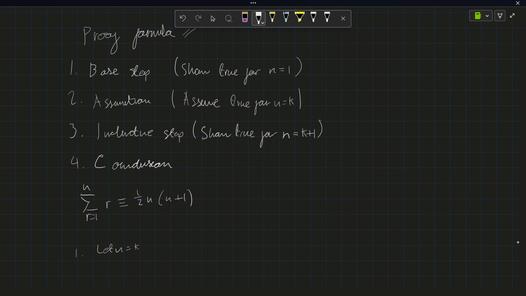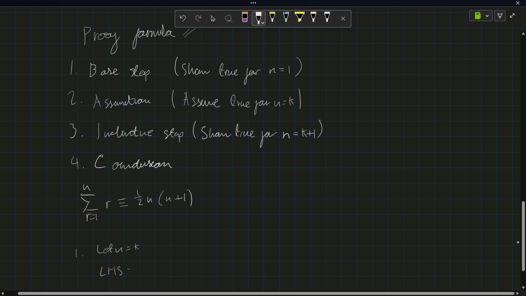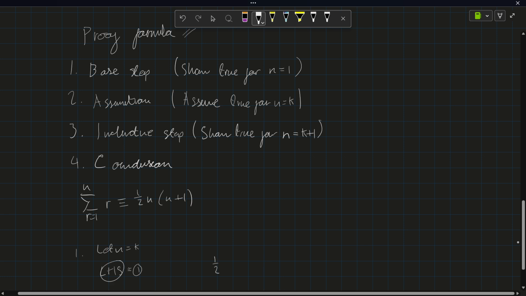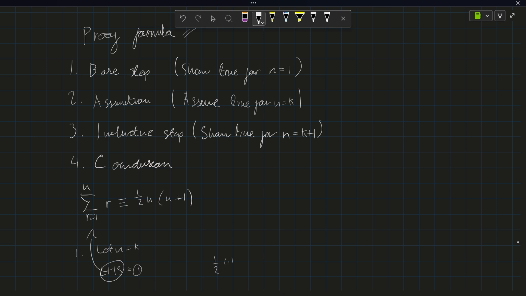Okay, so just showing you this, it just means the left hand side of this. So it'd be 1 over 2 times 1 times 1 plus 1, which is 2, equal to 1.